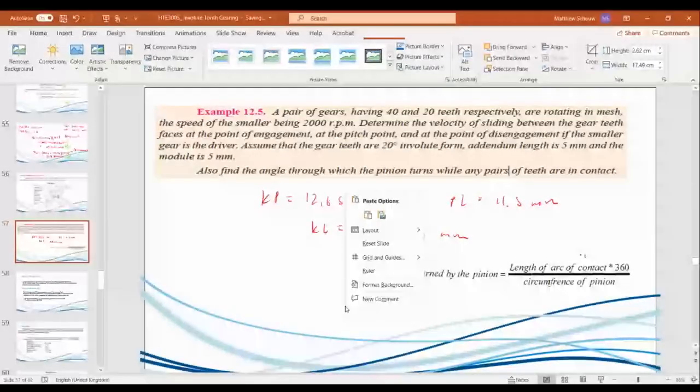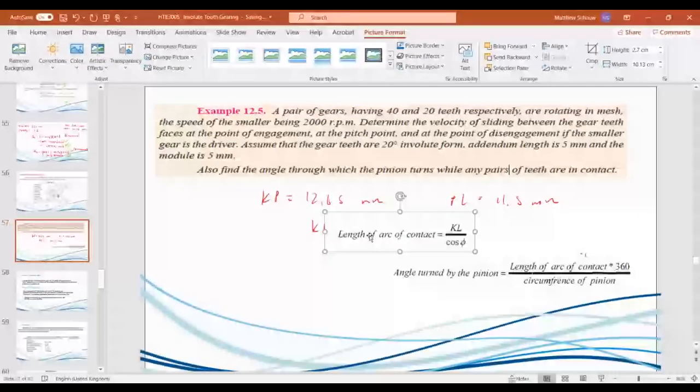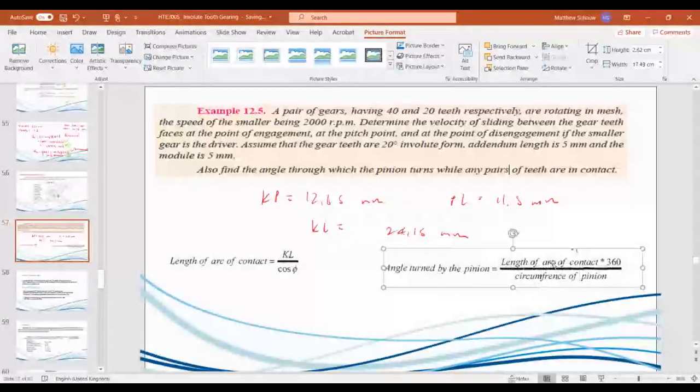All you need to do is find the length of arc of contact, then find the angle the pinion has turned. To find that, you take the length of arc of contact times 360 divided by the circumference of the pinion. And the circumference we're talking about is based on the pitch circle radius, right?